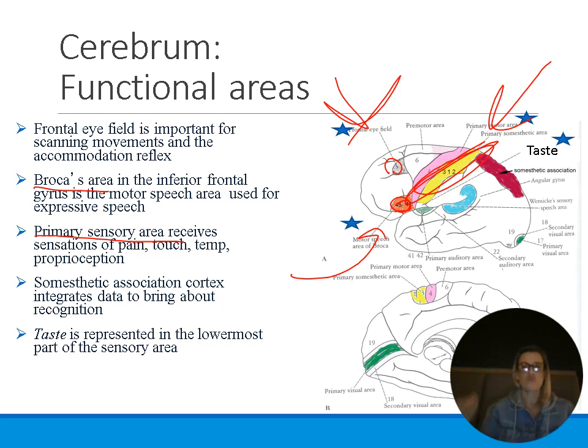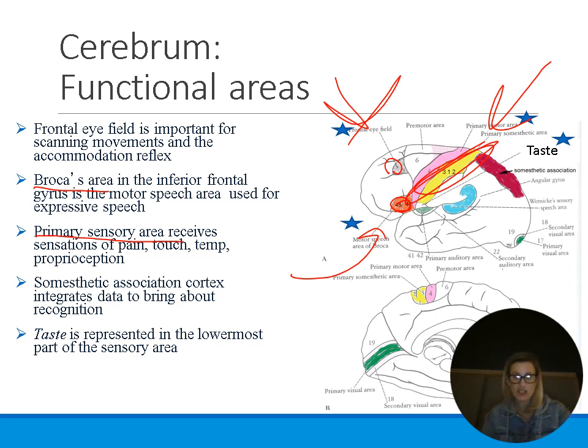And remember, cortical representation is based on functional importance. So just like we saw with motor commands, when we had the body laying upside down across the cortex, and we saw that some of the really small areas of the body had really big cortical representation, because cortical representation is not based on size, it is based on importance.